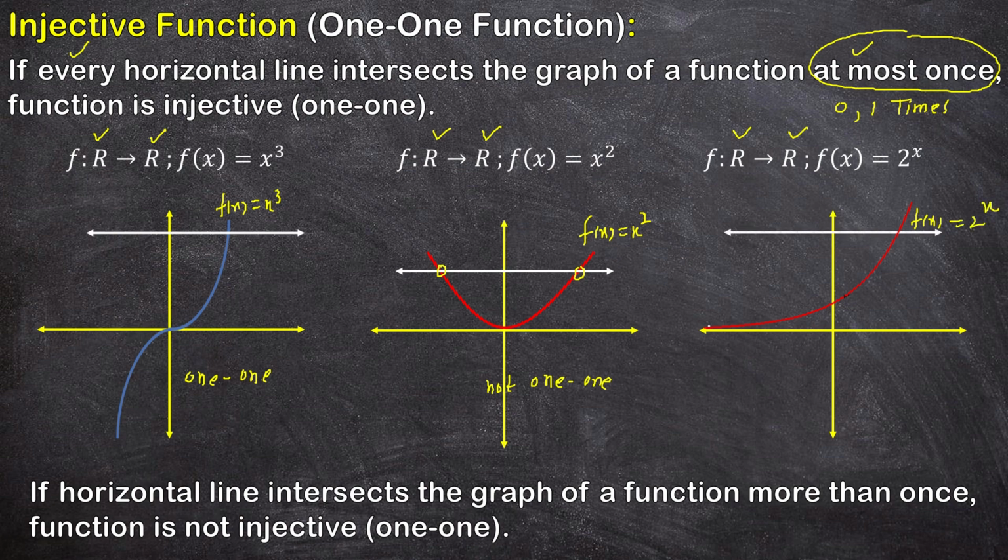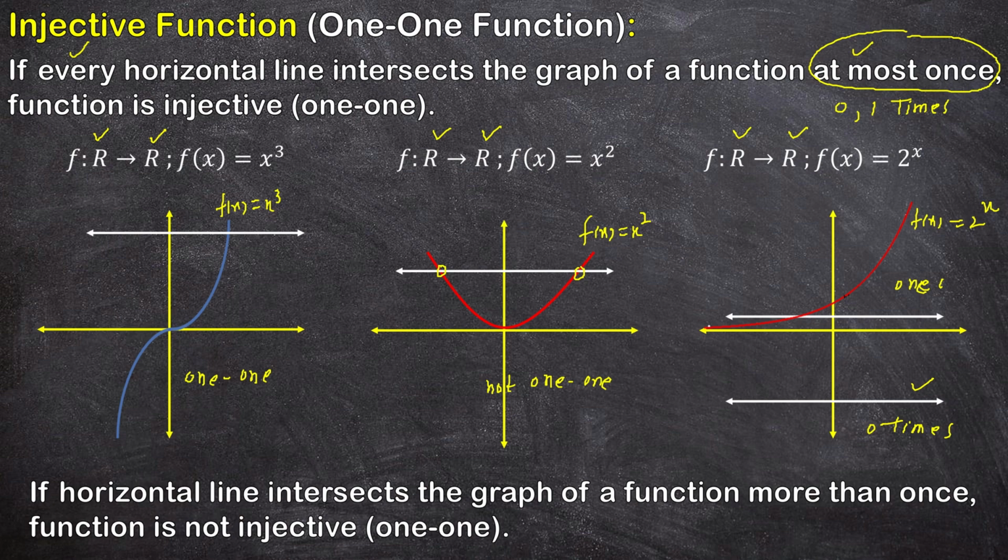Let's draw a horizontal line. This horizontal line is intersecting the graph of this function once above the x-axis. Now, if we go further towards the negative y-axis, this line is intersecting the graph of 2 to the power x 0 times. This is the logic of 0 and 1 times.